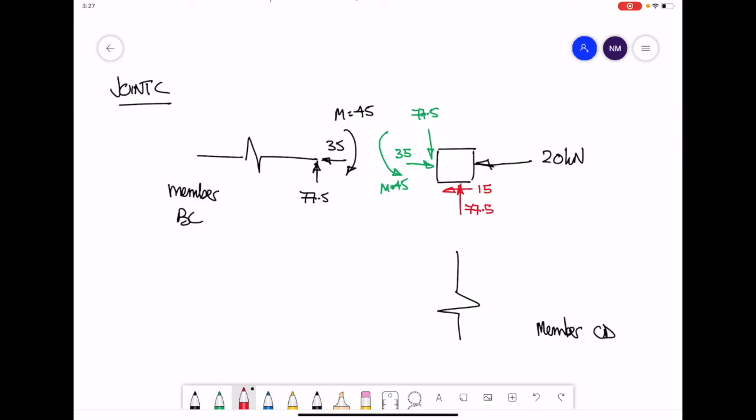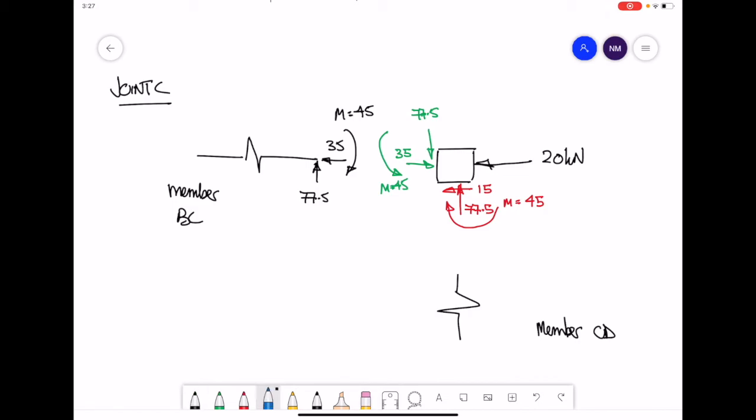Moments, anti-clockwise moment at the joint of 45, therefore at the next connected face we must have a clockwise moment of 45 to balance it.